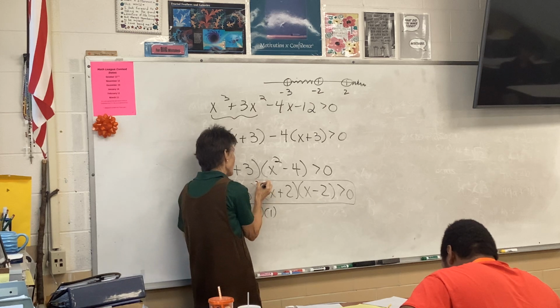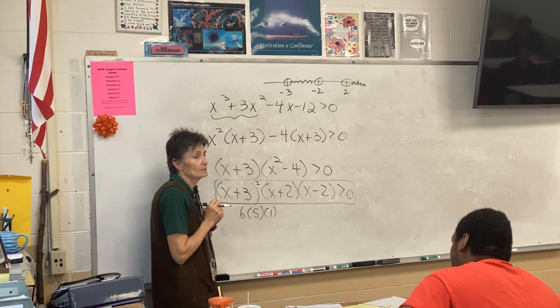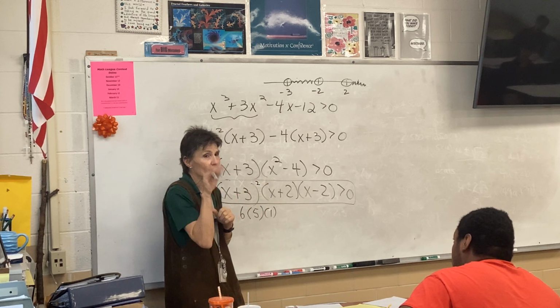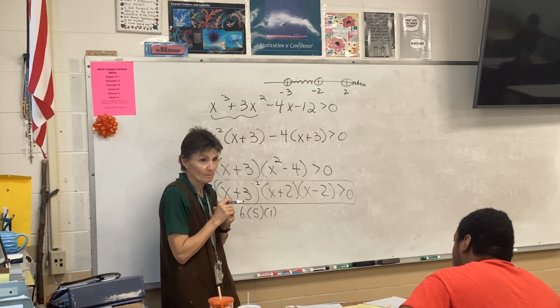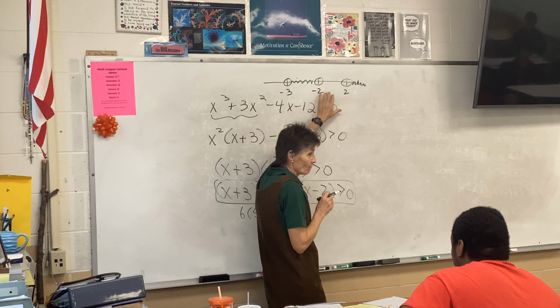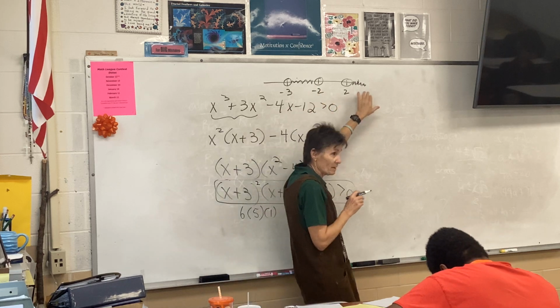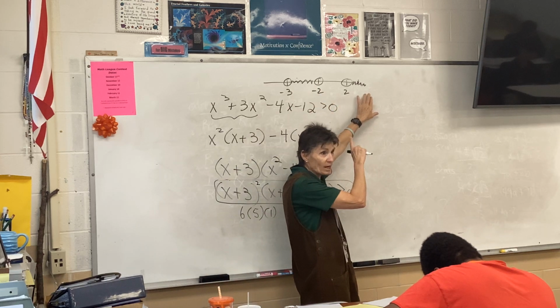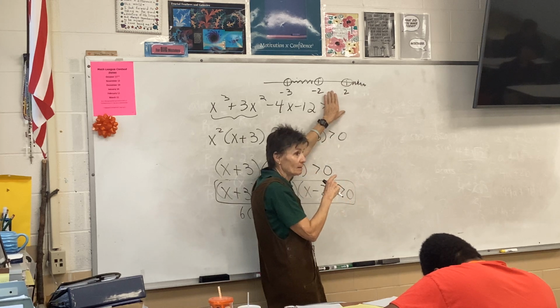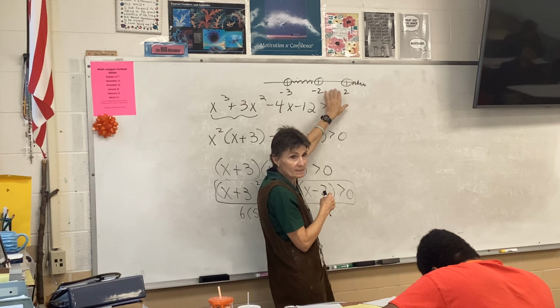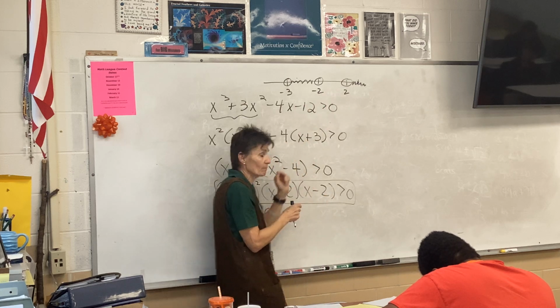If there were a square on there, then what would I have to do? I couldn't alternate. What would I have to do? Pick a number and check every section. Like you picked 3, 3 checked that section. So then you would have to pick maybe 1 and check this section and so on. You'd have to check every section.